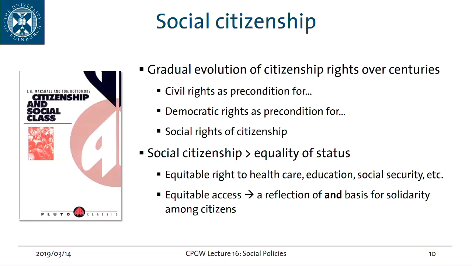So universal suffrage, the franchise for everyone, people running for elections, people being able to participate in their democratic states, which then became the precondition for the social rights of citizenship that go beyond just being safeguarded and that cover things where the state provides for you. So not just things that protect you from the state, but social rights of citizenship.